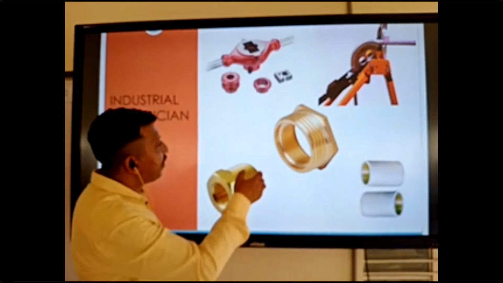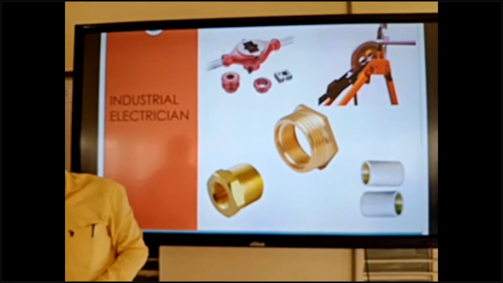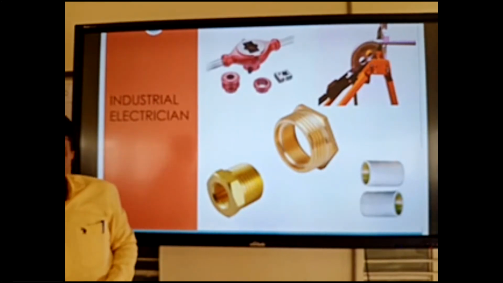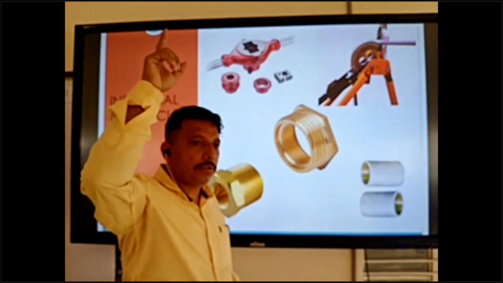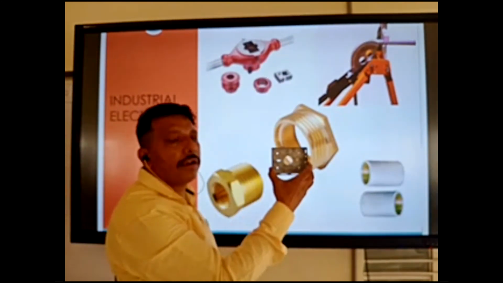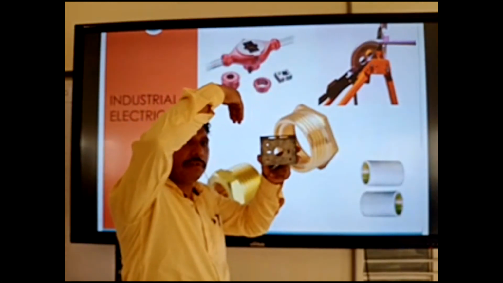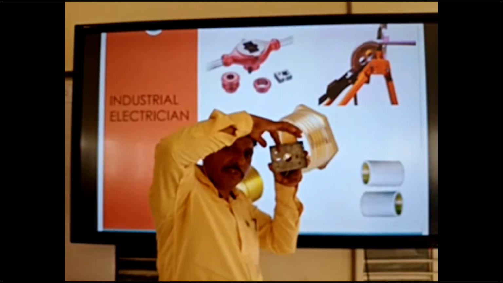Okay, and next one is the male bush. I already told you about the male bush. We can use the male bush in dropping to the switchboard. This is your switchboard. Your conduit route is coming from the slab. You can make the 90 and take the pipe up to the switch.